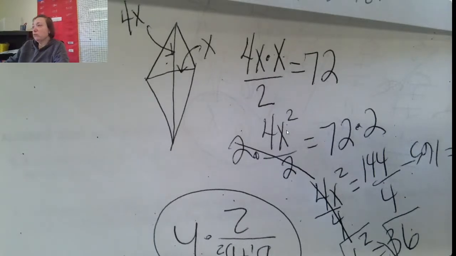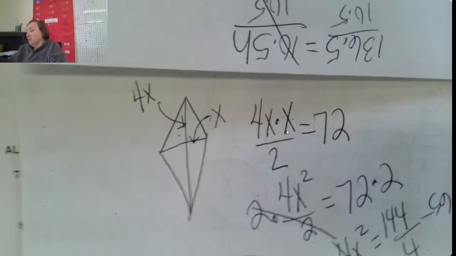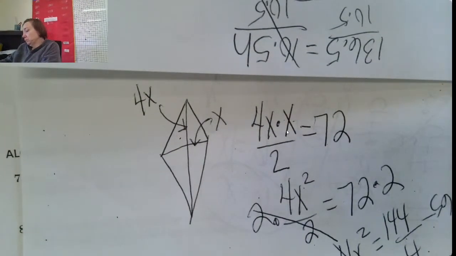Because the other one's 4 times 6, so 4 times 6 is 24.